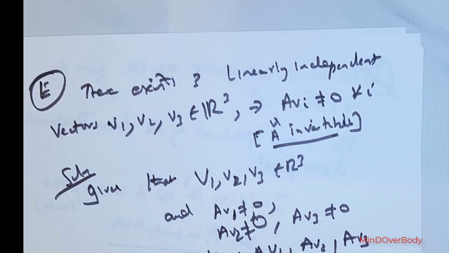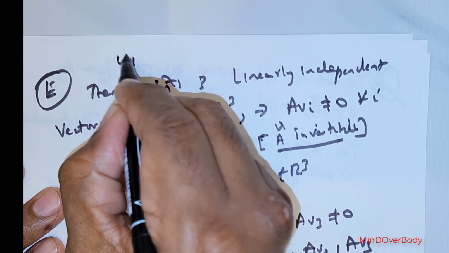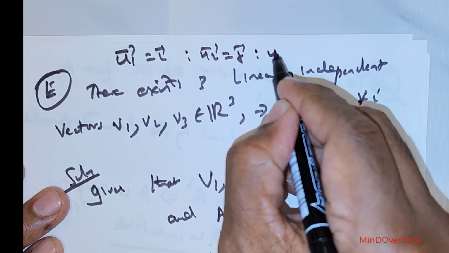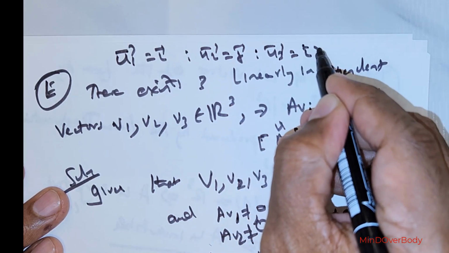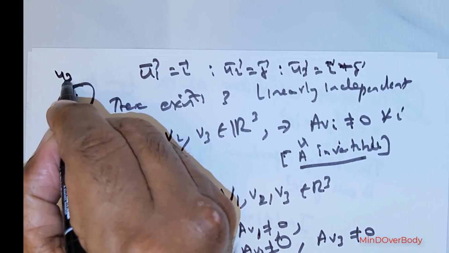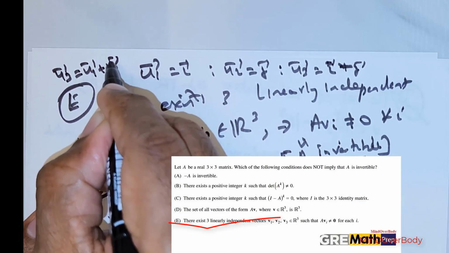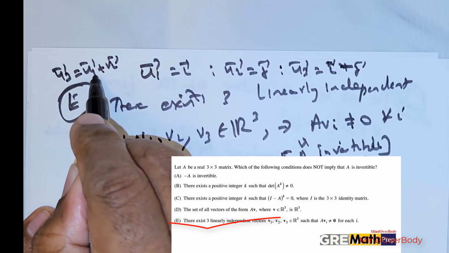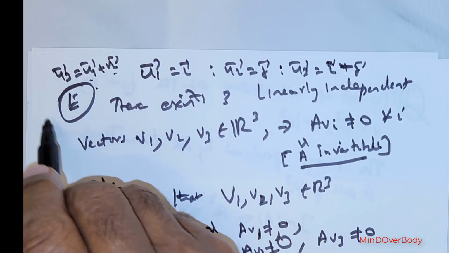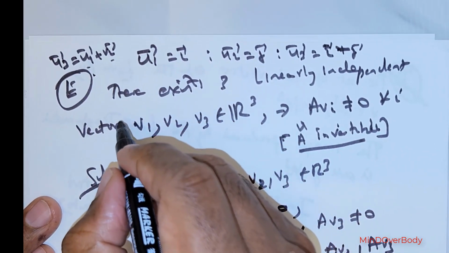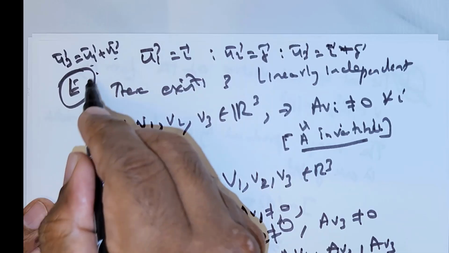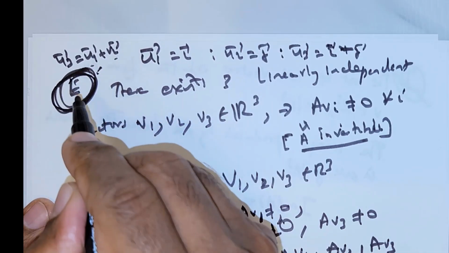So clearly we see that if I take u1 as the i vector, u2 as the j vector, and u3 as i plus j, then I can write u3 as u1 plus u2. So one vector is written as a linear combination of the other two. So this means statement E does not imply A is invertible. Okay, so this is the choice that you will have to circle.